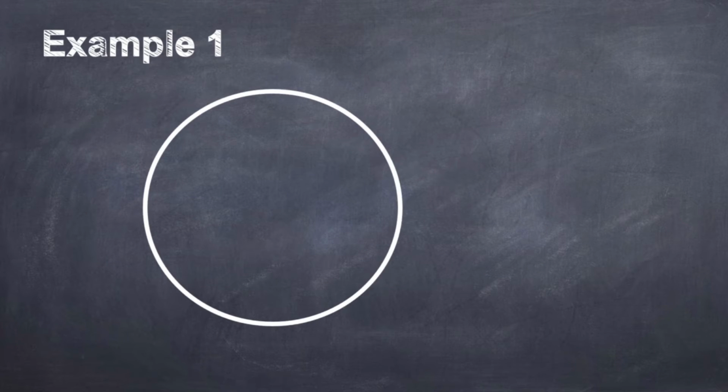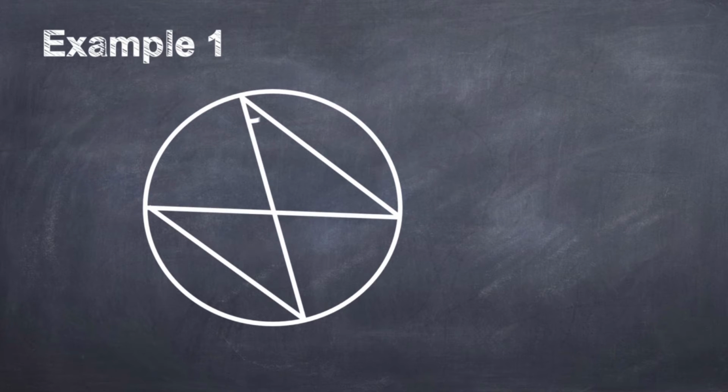Alright, let's go to the example 1. As you can see from the figure, the question is require us to find x. So let's solve this together. Alright, so from what we have learned just now, that the angle of circumference subtended by the same arc are equal.